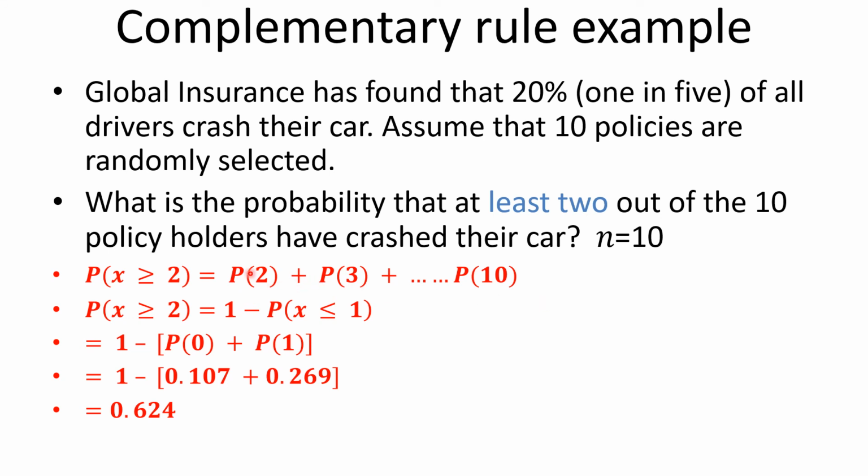So instead of doing all those binomial calculations 9 times, you find the probability of 0 and add it to the probability of 1, and then subtract all that from 1 to get 2, 3, 4, 5, 6, 7 up to 10. This is a calculation that you get after you have used the formula.